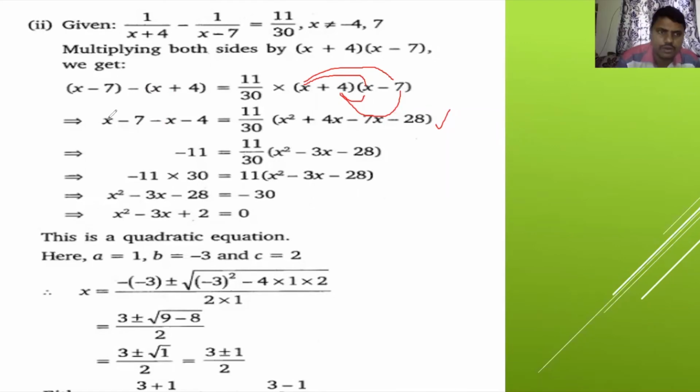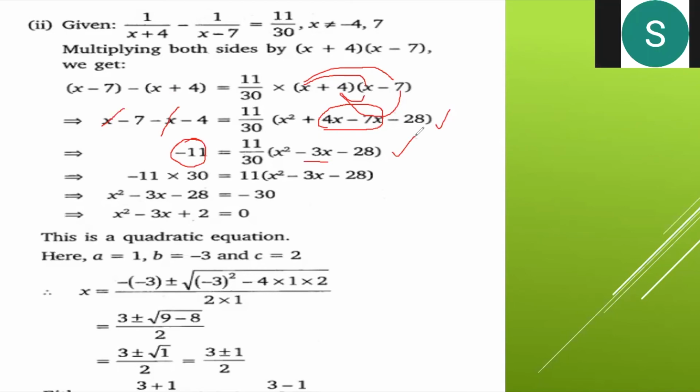Now, children, plus x, minus x cancel. So minus 7 minus 4 is minus 11. After that, this side also, 4x minus 7x equal to minus 3x. Sophia, is it clear up to here?